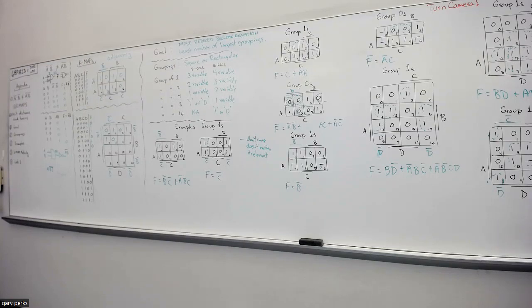Okay. Yeah, you make these ones, you can make this a four grouping. And what would you do with the zero here? What's that? Yeah, you group it with the 8, right? Okay, good.